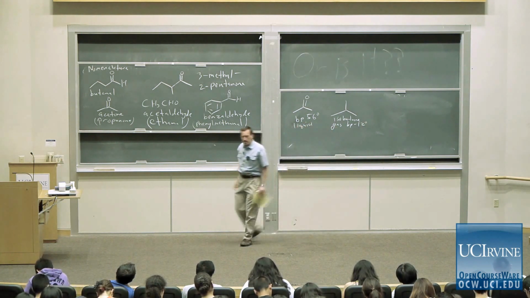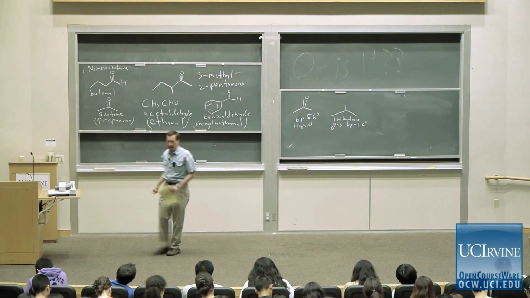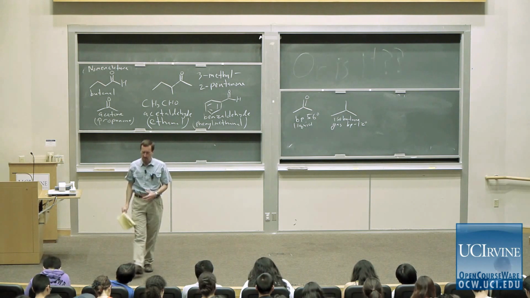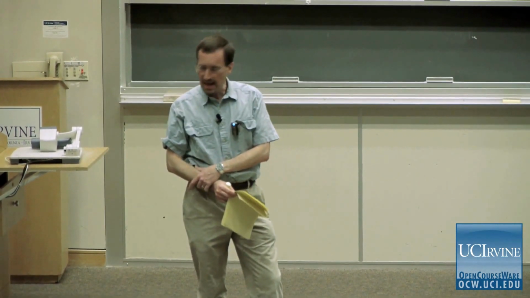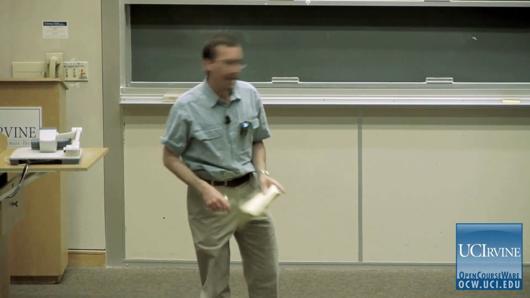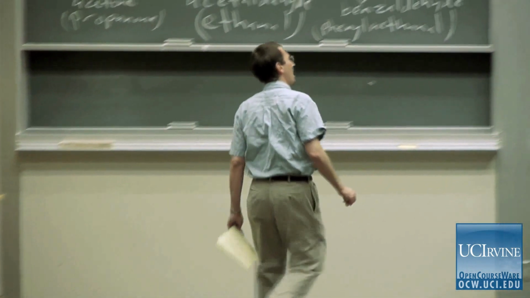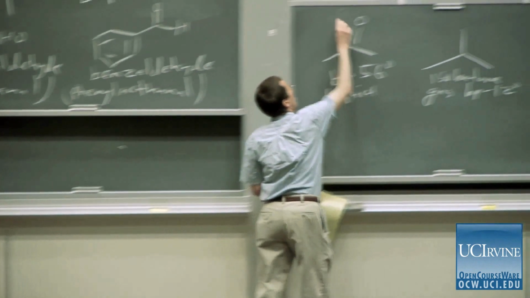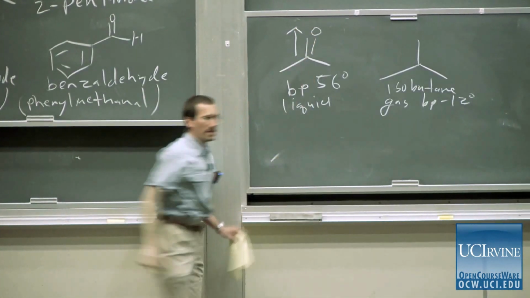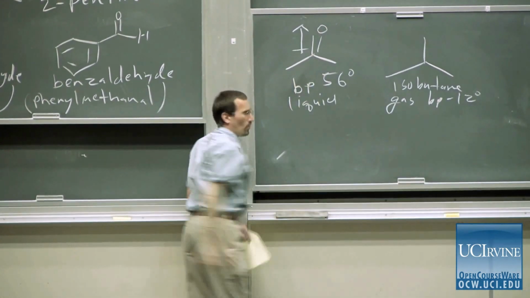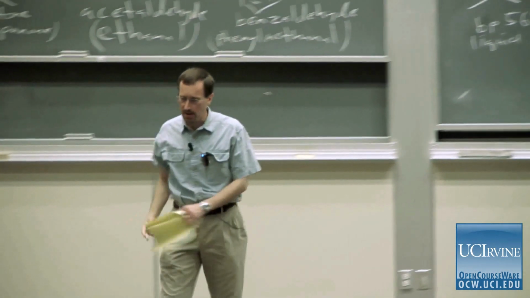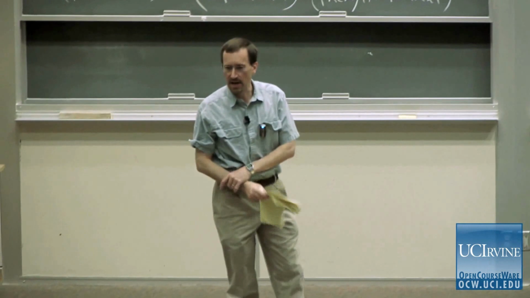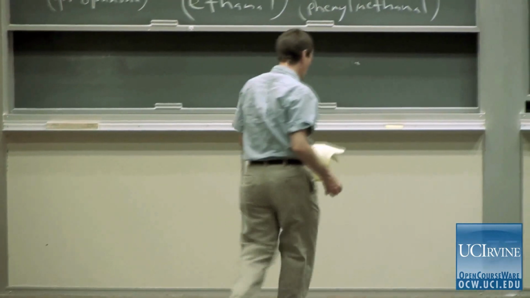So isobutane, of course, can only have van der Waals interactions among the molecules. It's a nonpolar molecule. Acetone can participate in dipole-dipole interactions. It's got a great molecular dipole to it. It's miscible with water. It even dissolves some inorganic compounds, like sodium iodide dissolves very well in acetone.